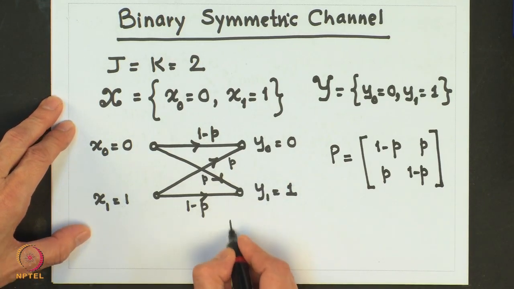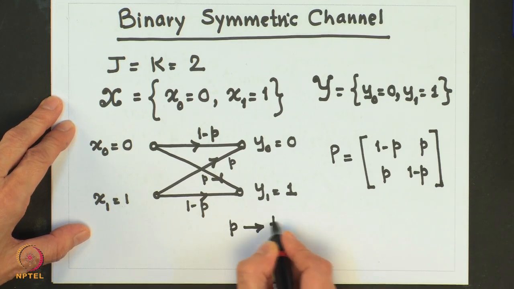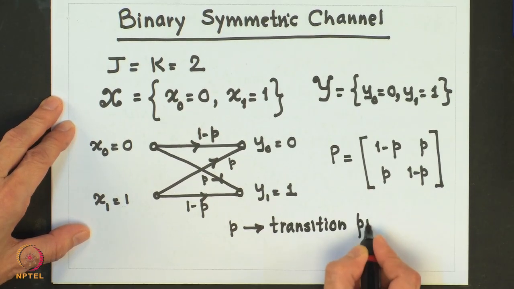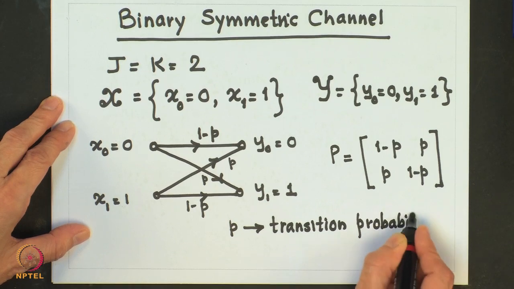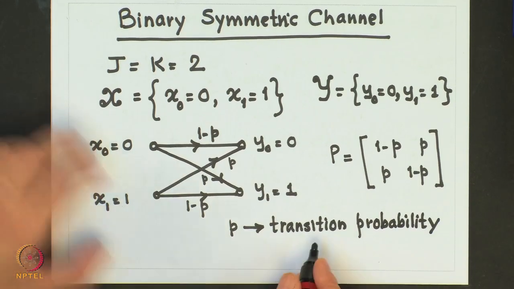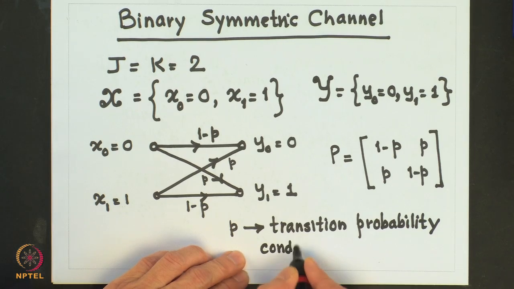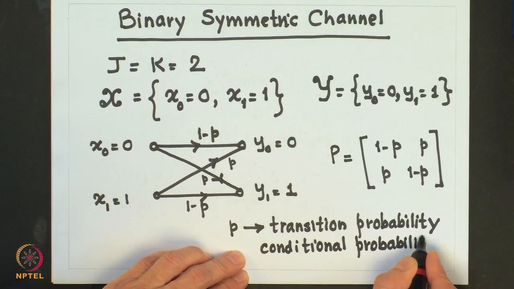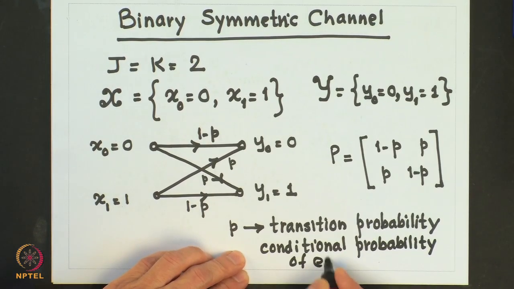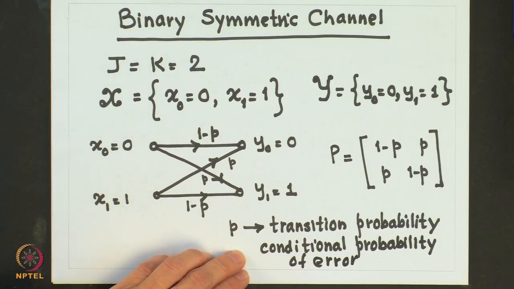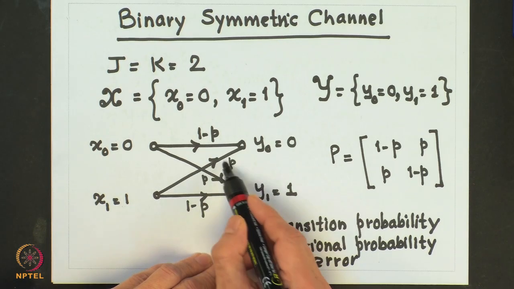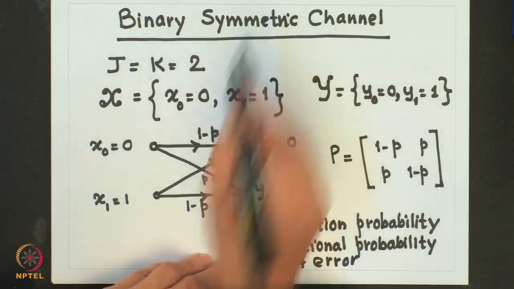This p is basically a transition probability, or it is also known as the conditional probability of error. So, in this diagram both these branches are the same p, and that is why it is known as a symmetric channel.